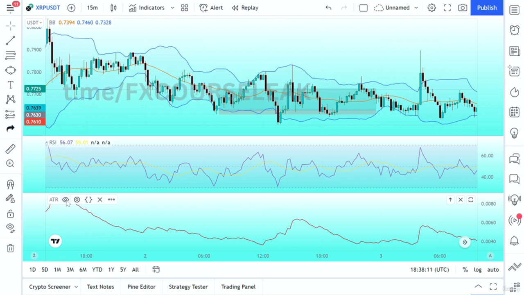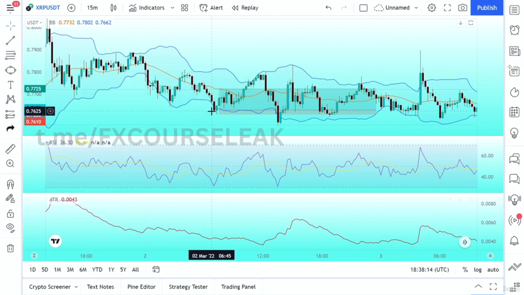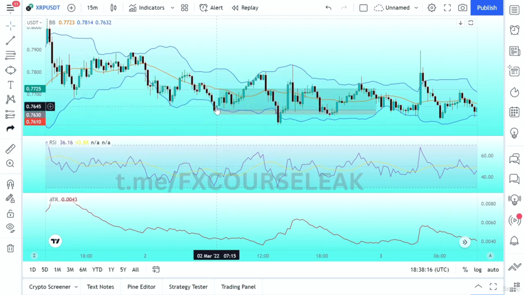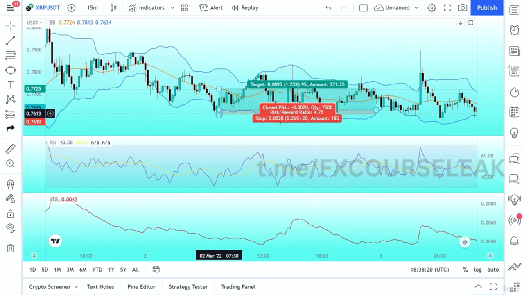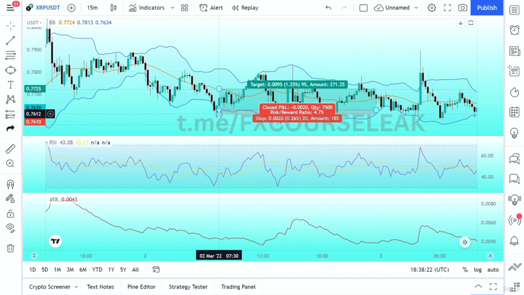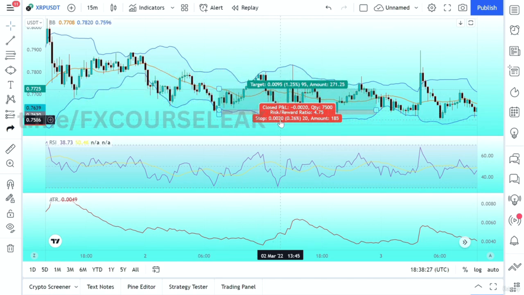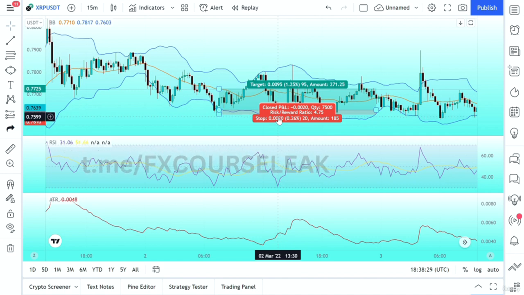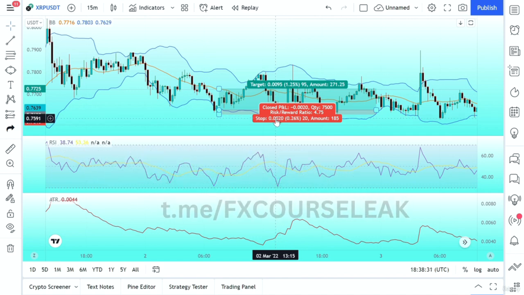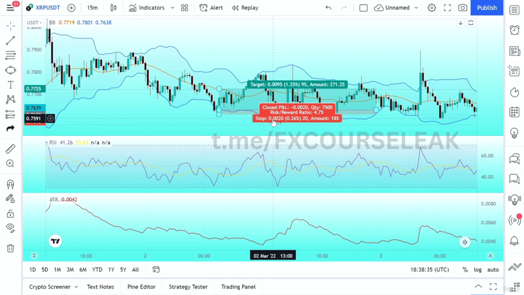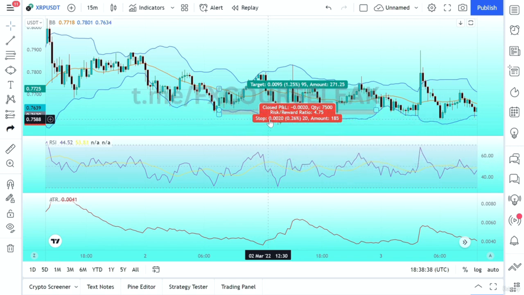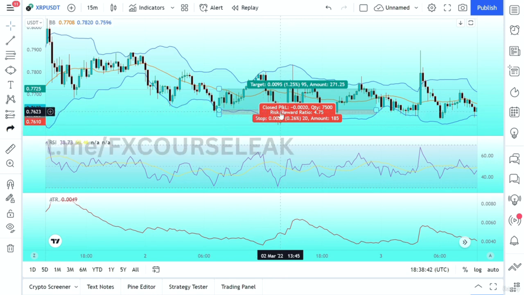The ATR value is 0.0043, and at the wick of this candle the stop value is 0.002. You can see here the stop value for this candle at the wick. So I will add these two numbers, ATR plus this stop. That will be my stop loss for this scalp trade.